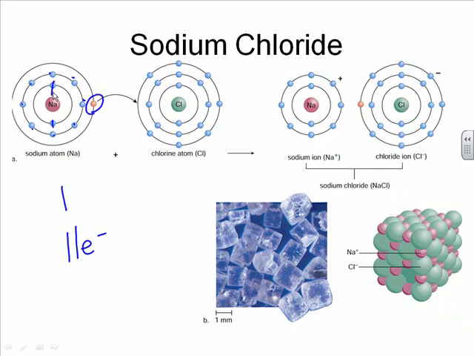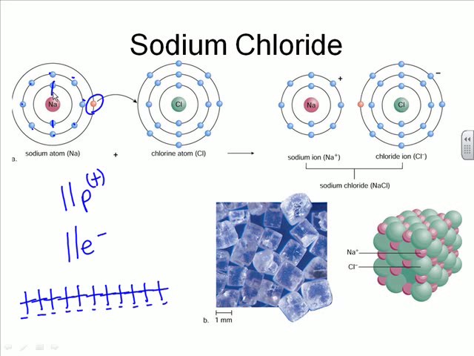We also have 11 protons. Remember that protons are positive. So if I have 11 positive charges and I have 11 negative charges, that makes my atom neutral.